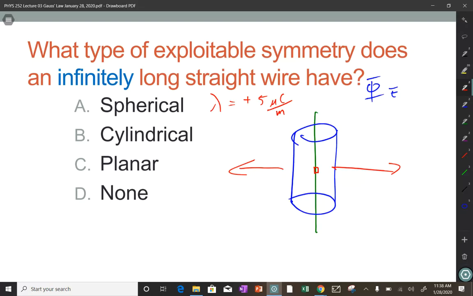So what is the angle between the dA on the side and the electric field? 90 degrees. Zero. Close. What you mean is probably correct.